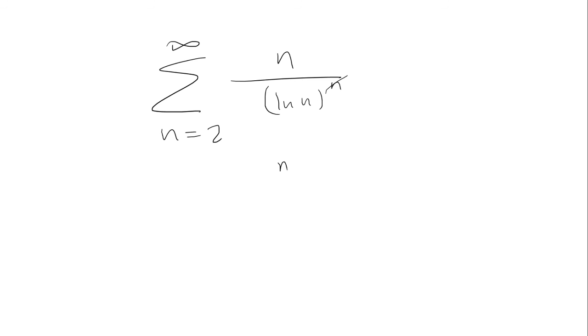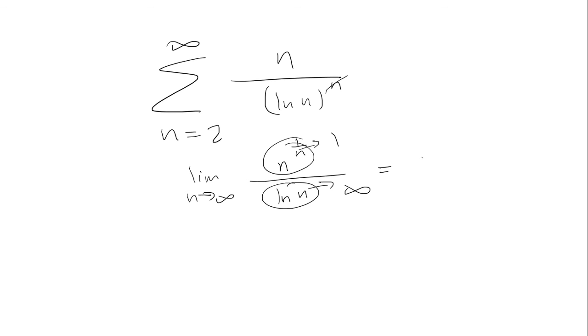And then we'll have n to the 1 over n power for the numerator. So we're going to take the limit of that. We know that the numerator approaches 1. The denominator approaches infinity. So this will then approach 0. This is less than 1, so it will converge by the root test.